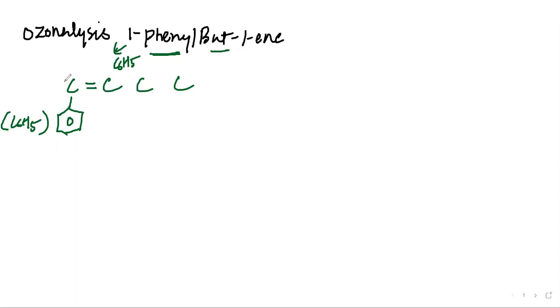On the first carbon only we have the double bond. On the first carbon, 3 valencies have been satisfied, so the fourth valency we will satisfy with hydrogen. Then we have CH2, and finally CH3. This is 1-phenyl but-1-ene.